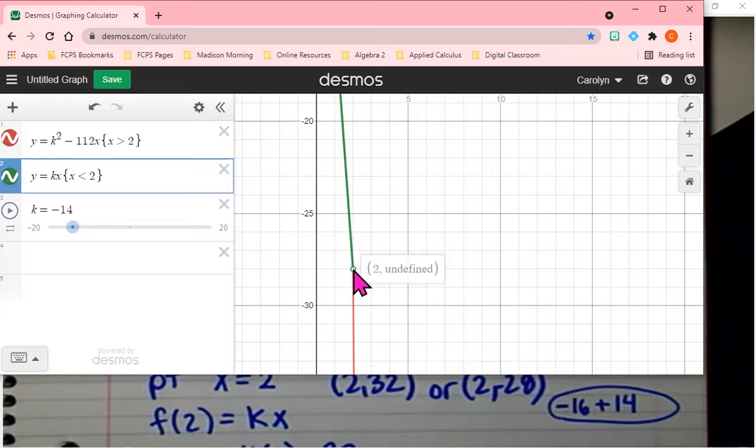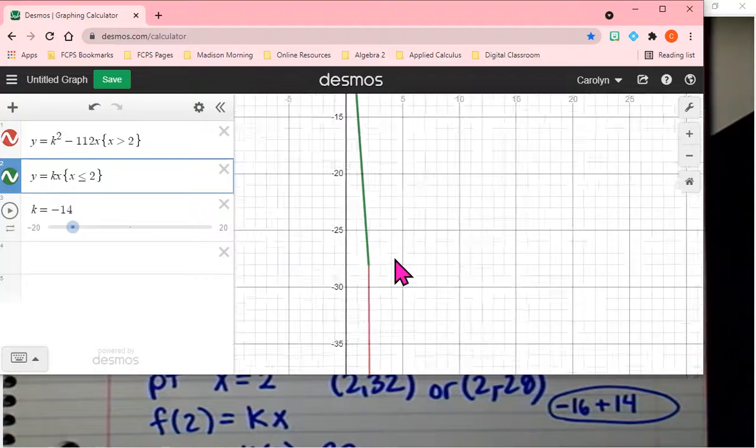Okay, look here. Oh, that is the right point. It says undefined because of the, where's the equals? Let's add an equals. There it goes. There it is, 2, negative 28. They actually meet. Now I'm going to scroll my k value and zoom out.